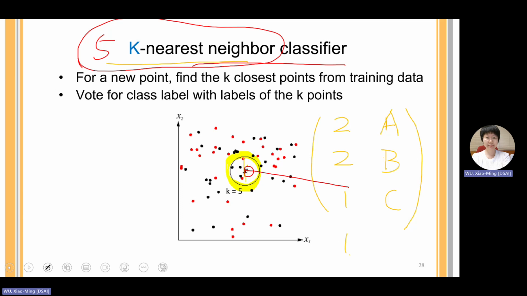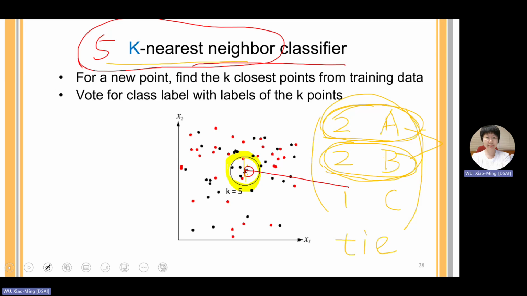This is what we call a tie situation. Classes A and B are tied. We can use weighted voting by considering the distance between the neighbors and X, or we can assign the point X to both classes.